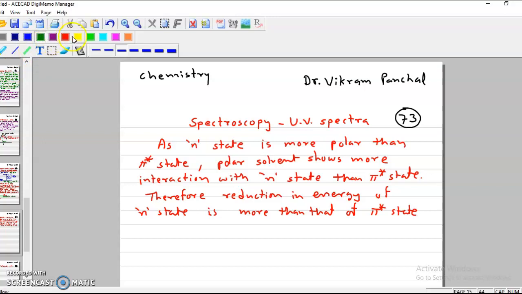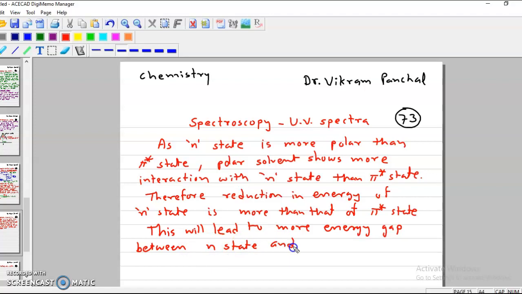Here we write that this will lead to a more energy gap between the n state and pi star state.